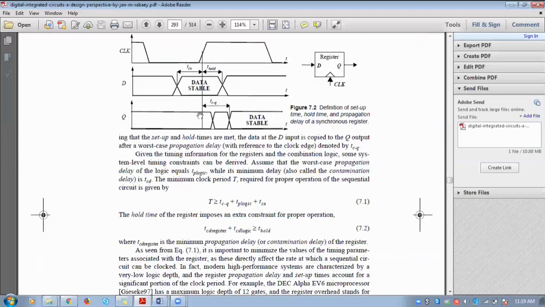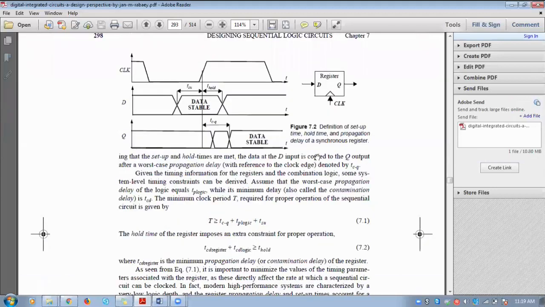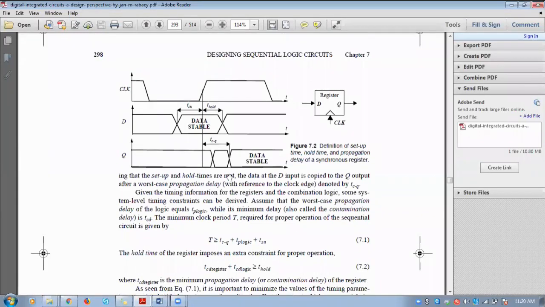Propagation delay is the maximum delay between the 50 percent rise of the input to the 50 percent rise of the output.